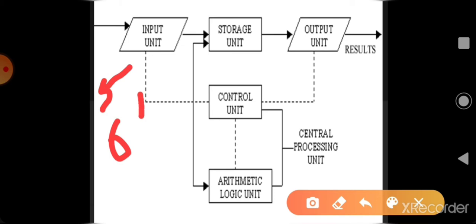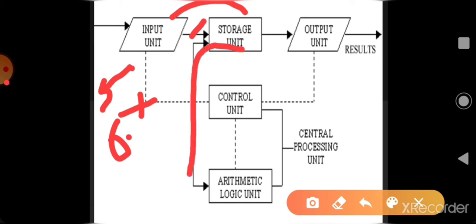Now I am going to add these two numbers. First, these two numbers will be stored in the storage devices. You can see an arrow mark, the flow of the process, the storage unit. Then the two numbers will be moved to the ALU, the arithmetic and logic unit.